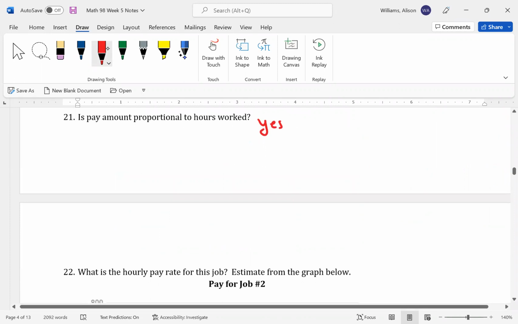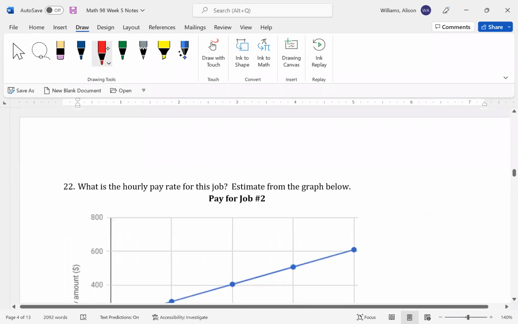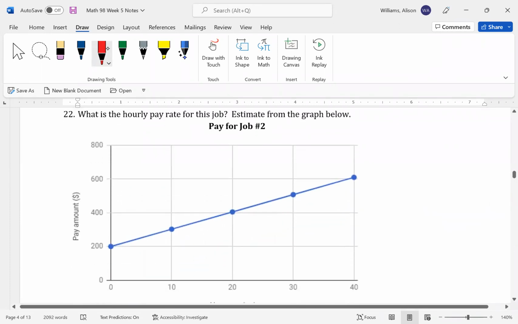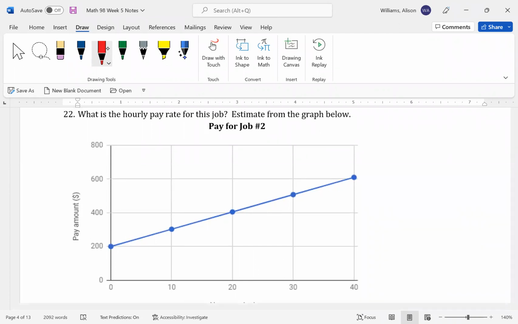All right, so let's look at job number 2 and find the hourly pay rate for this job. When they work 0 hours, they're getting paid $200. When they work 10 hours, they're getting paid $400. Interesting.